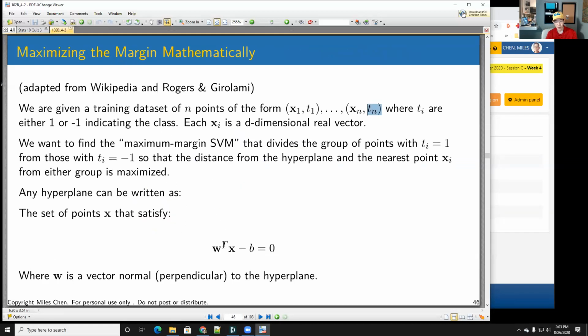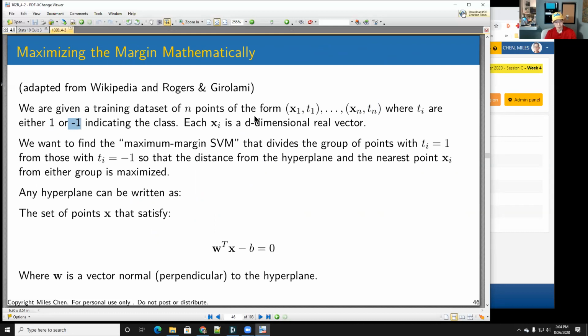If it's blue, t is +1, and if it's red, t is -1. And each xi, in our case, is the two-dimensional vector that illustrates the location of each dot.